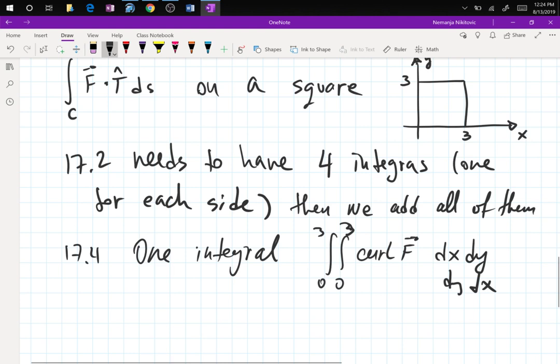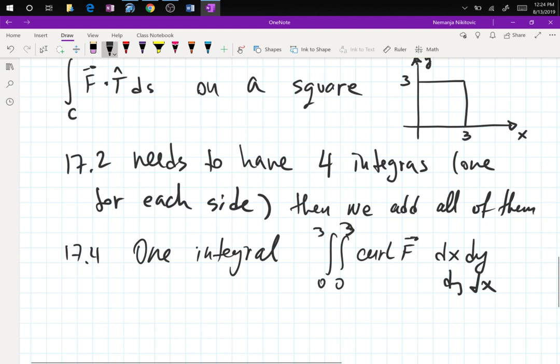So Green's theorem holds for the square. The square is one piece, has no holes inside, it's a closed curve around it, and it is piecewise smooth, which means that each one of the 4 lines has its own differentiable functions and all that kind of stuff.